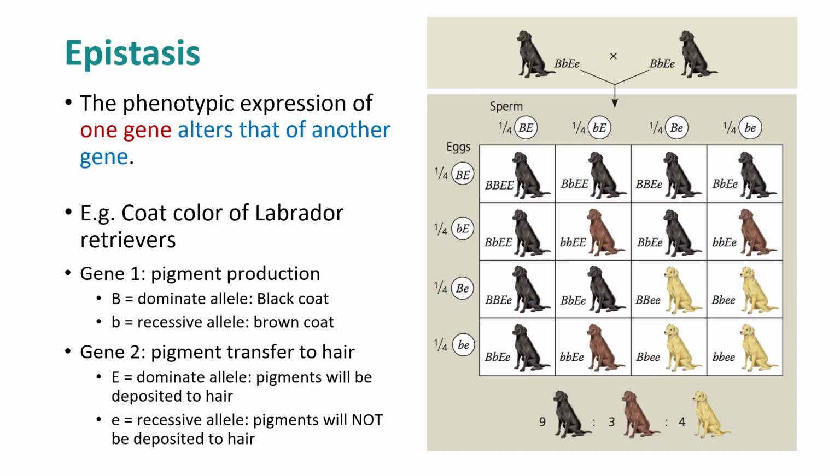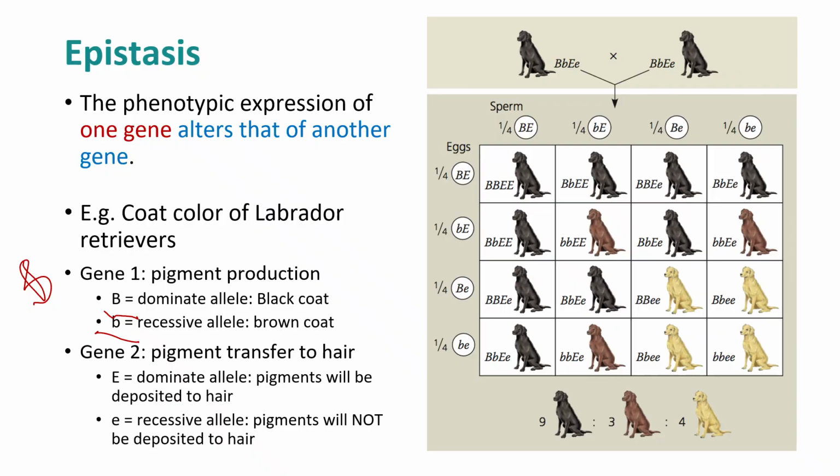Okay, so the first gene has two alleles. So we'll say gene 1, this is our B, right? This is our pigment production. So dominant B would produce black pigments, okay? And then lowercase b or recessive b would produce brown pigments. In this case, we're showing complete dominance.